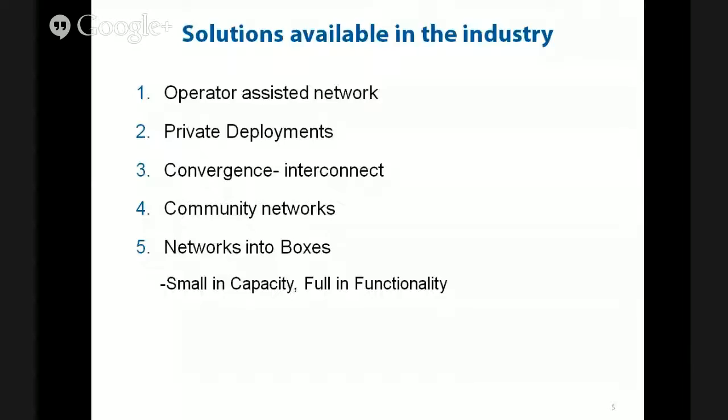And another is convergence, which is basically an interconnect with other services. Like you can connect this network with the ISP or VoIP operator to converge the mobile network with the ISP. Another is community network. So again, a small network deployed for some special communities.